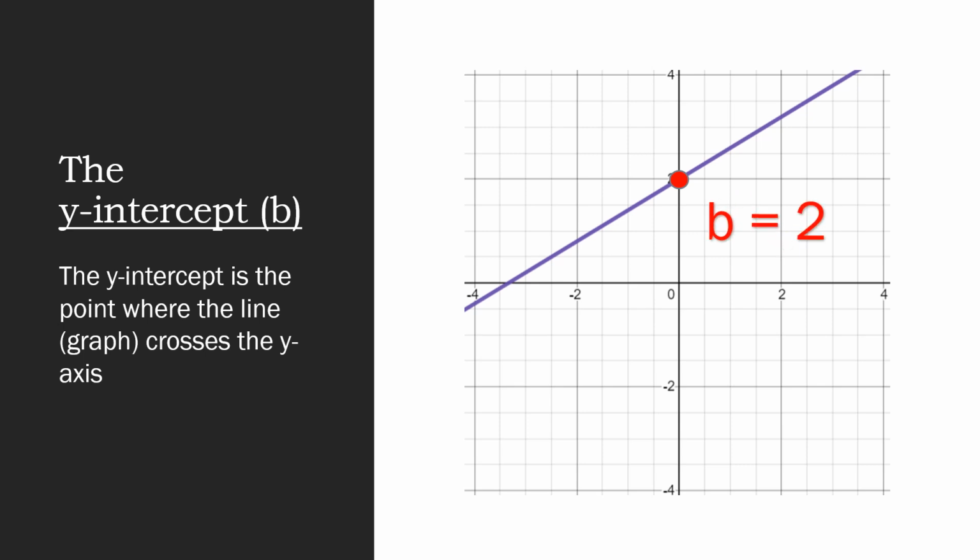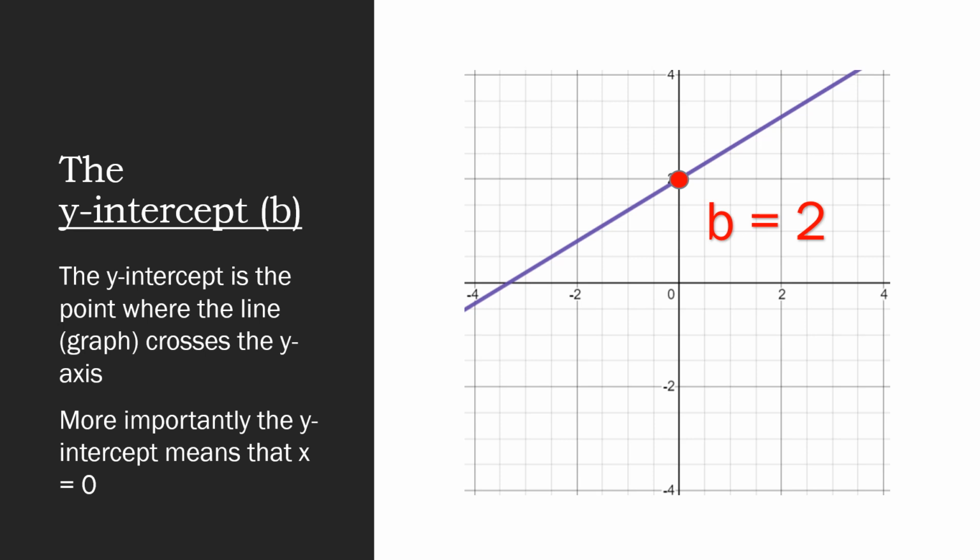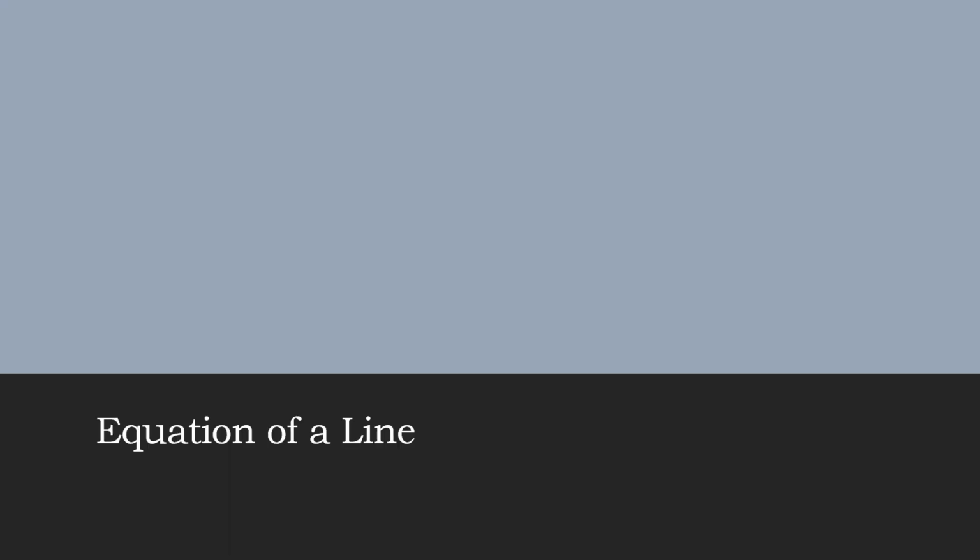That means that B is equal to 2. Now the other thing you want to remember about the y-intercept, the y-intercept means that your x value is 0. So if I try to come up with the ordered pair where that y-intercept is at, you'll notice the ordered pair is 0, 2. So that's the two different ways you can write your y-intercept.